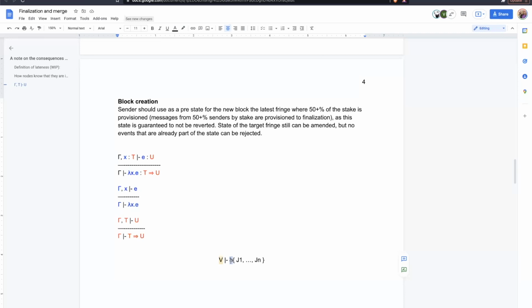This is just that somewhere in here is a justification of a block that was produced. So from this notation, we can conclude that there's an I between 1 and n, such that we have H minus 1. Yeah, H minus 1.